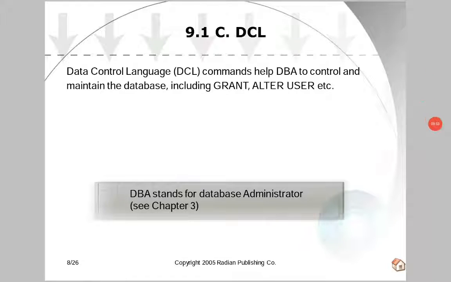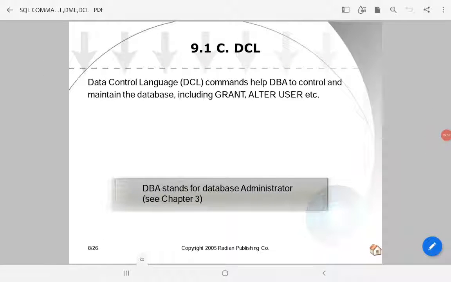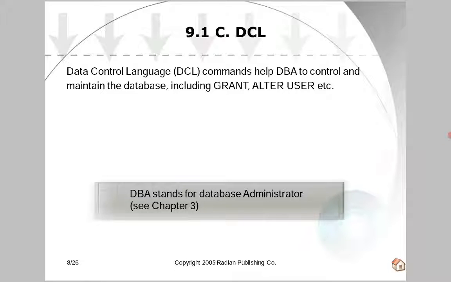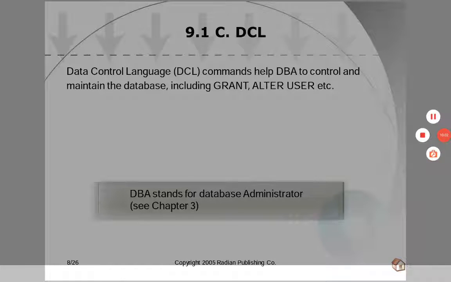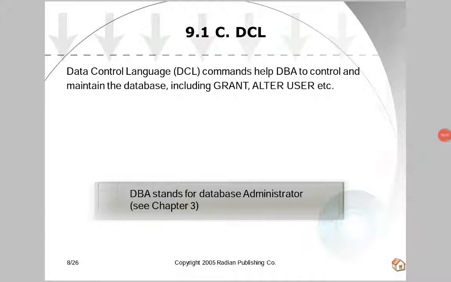DCL commands help the DBA to control and maintain the database, including grant, alter, user, etc. Mainly DCL commands are used to control the overall operations, like saving the database permanently, revoking, creating users and assigning some rights to them, and revoking rights from the users, like that.